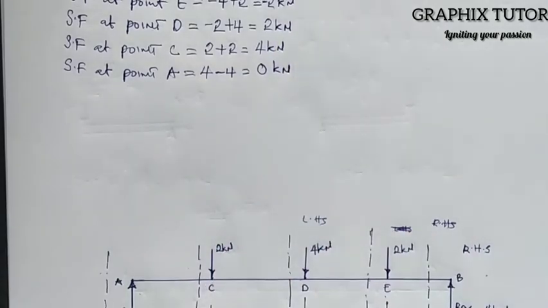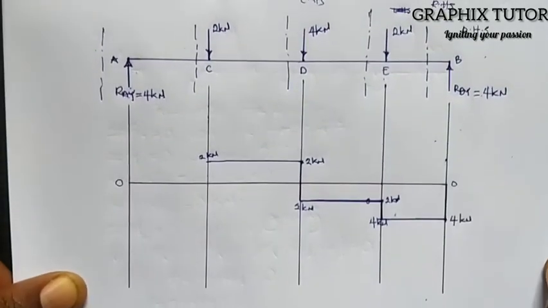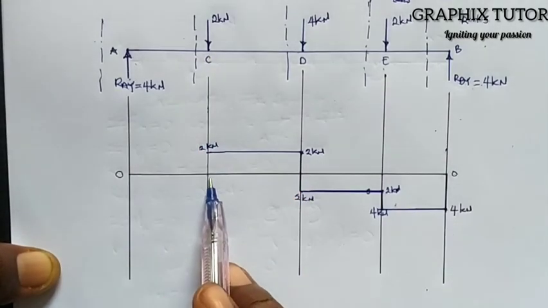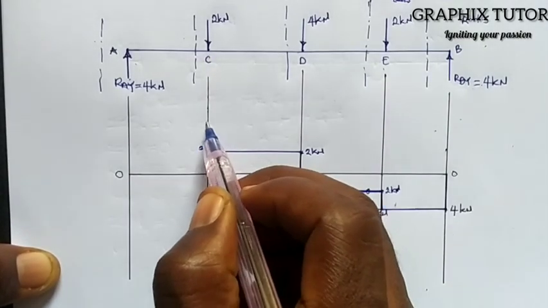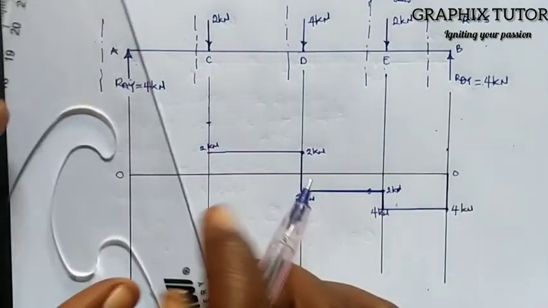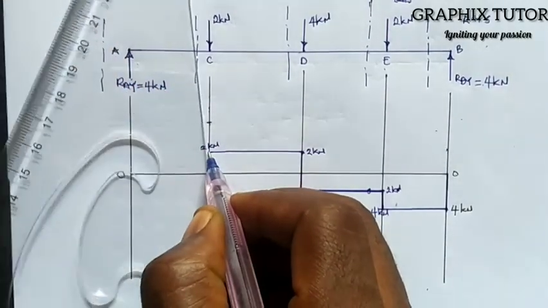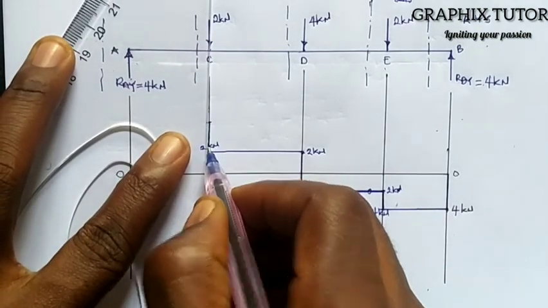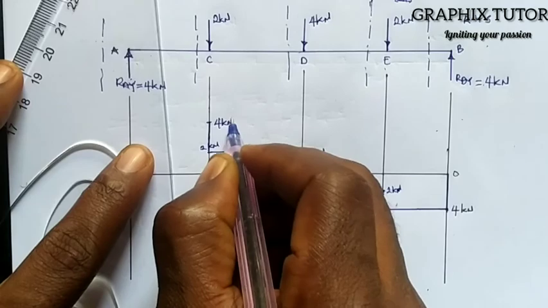So at C, the force there is 4 kilonewton. So at point C, the force has increased to 4 kilonewton. So from 0, this point line C here, I'm going to go up with 4 kilonewton, maybe somewhere around here. So I'll join 2 to 4 kilonewton. This is 4 kilonewton here.